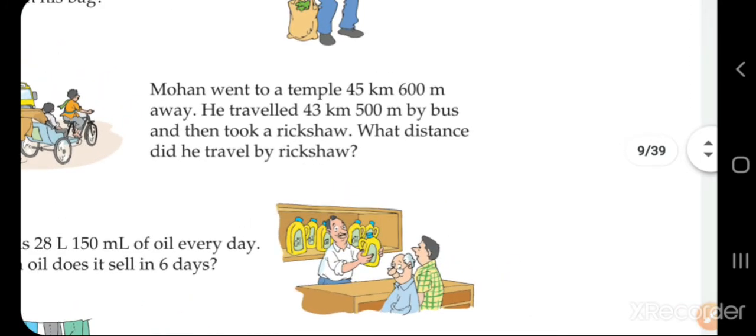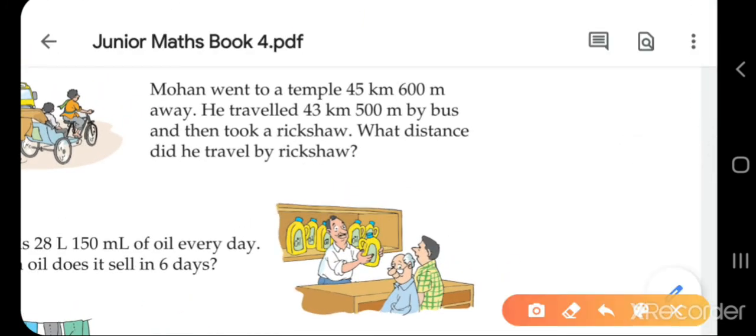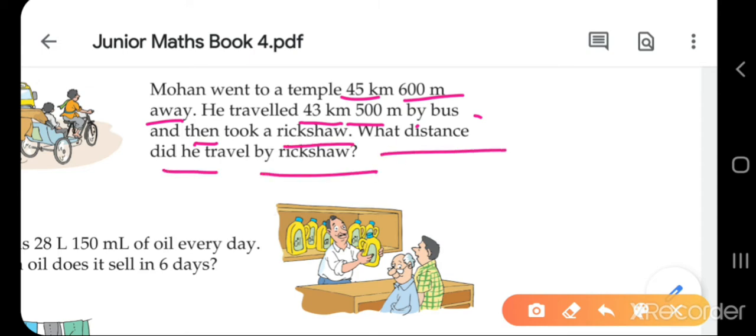Mohan went to a temple 45 kilometer 600 meter away. He traveled 43 kilometer 500 meter by bus and then took a rickshaw. What distance did he travel by the rickshaw? So the total distance of that temple from his house was 45 kilometer and 600 meter.